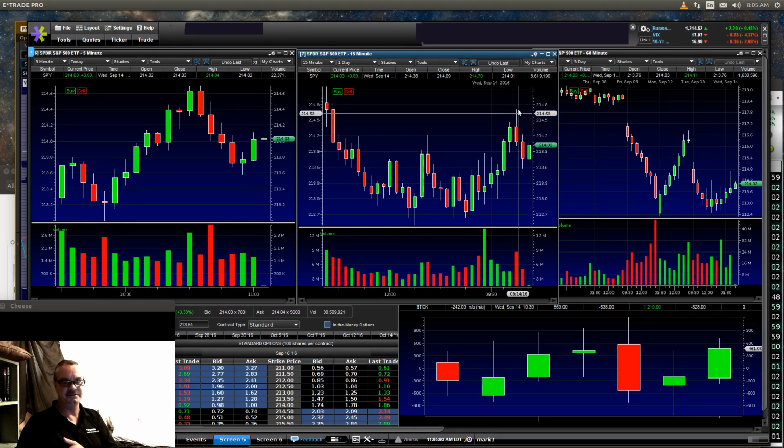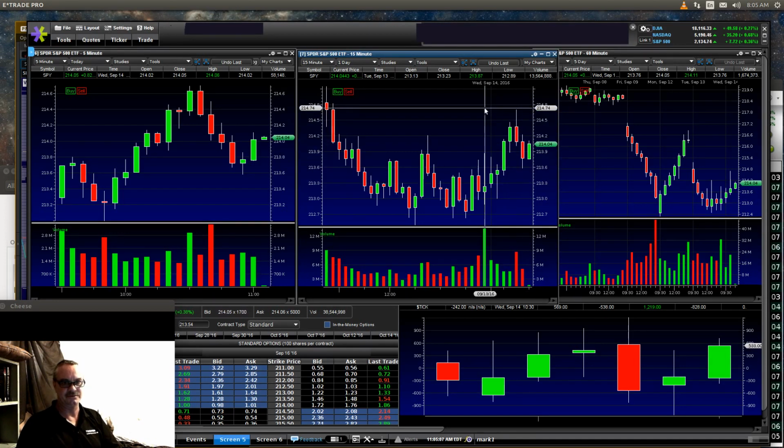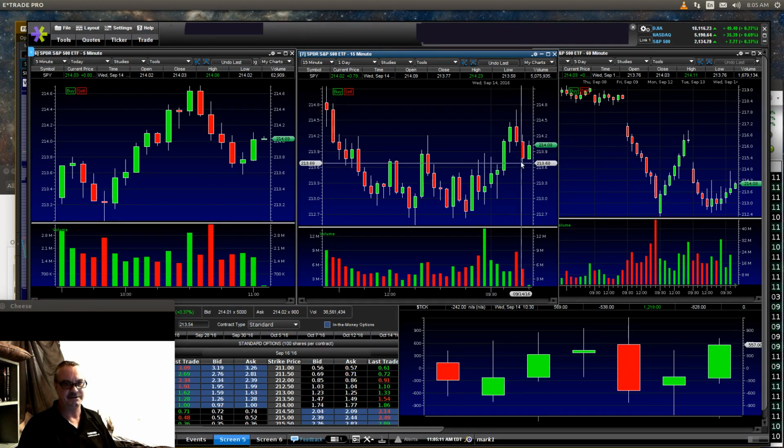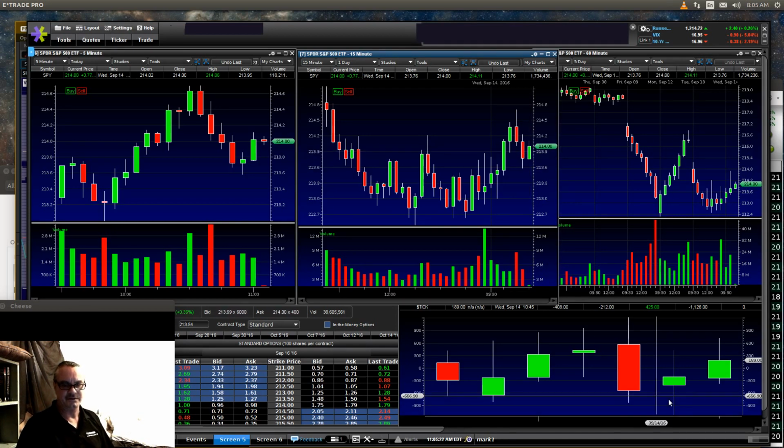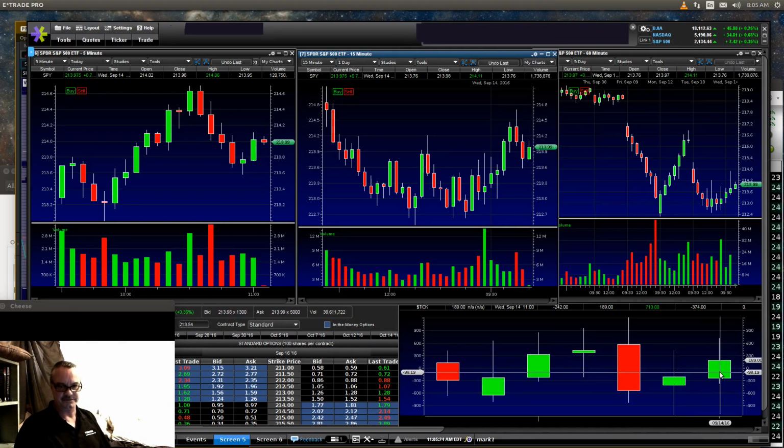Pay attention to these up thrusts here. When you have an expansion of volume, you can almost count on reversal, which is what happened here. But now we're having a down thrust on a lower volume, so we're not going to trust this candle. Not yet. Not unless it agrees with the ticks.